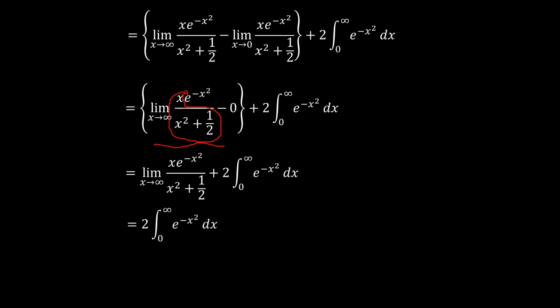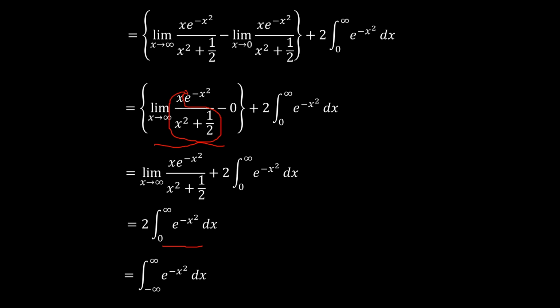And so we're left with twice the integral from x equals 0 to x tending to infinity of e to the power negative x squared. Now this is a popular Gaussian integral, and this is the positive half of a complete Gaussian curve, and it's a half of obviously the entire integral from x tending to negative infinity to x tending to infinity.